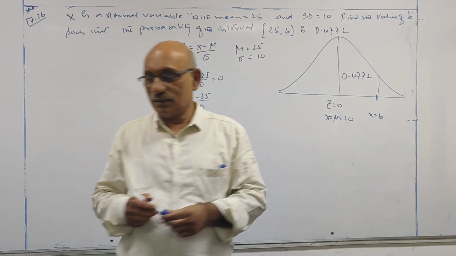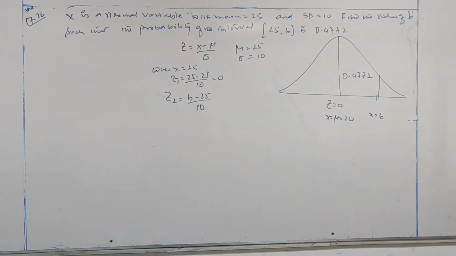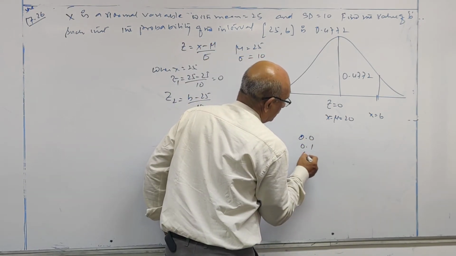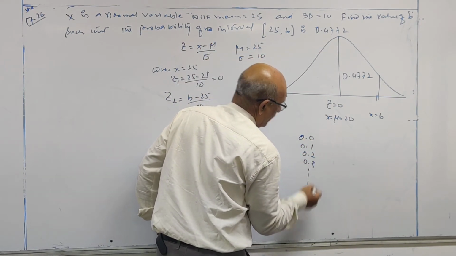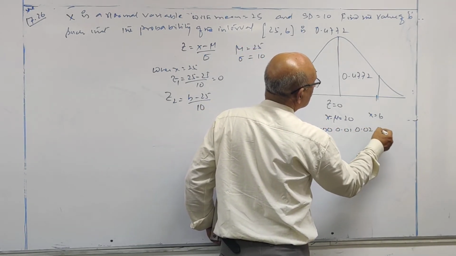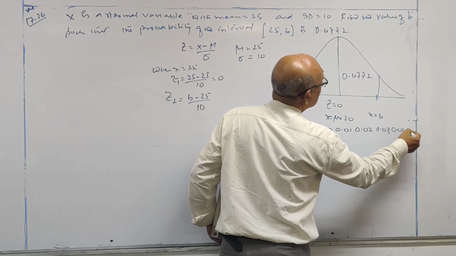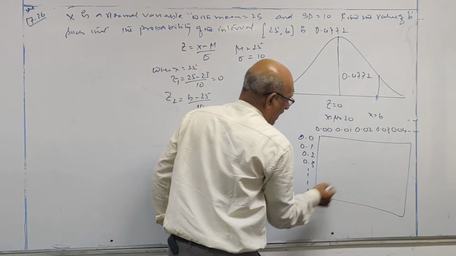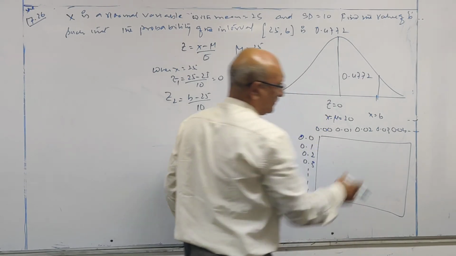0.4772. Look at the normal curve. Concentrate on this area.